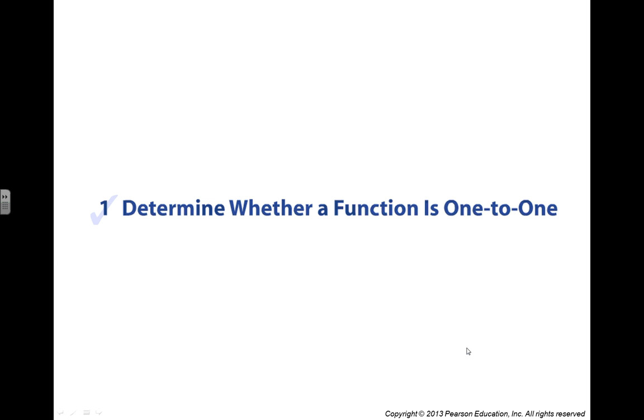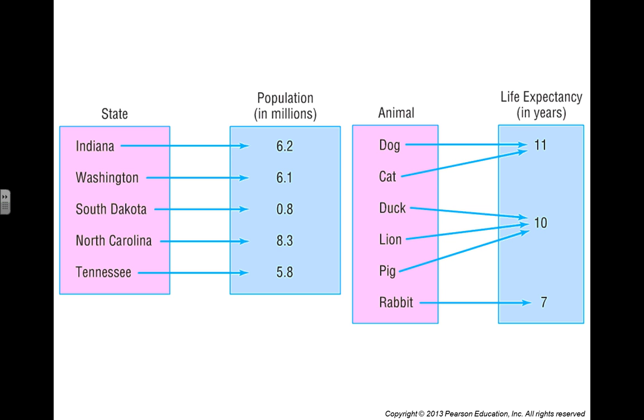The first learning objective is to determine whether a function is one-to-one, and we've been working on this skill since Algebra 2. So if you have one item, your input mapping to one distinct output, you are one-to-one.